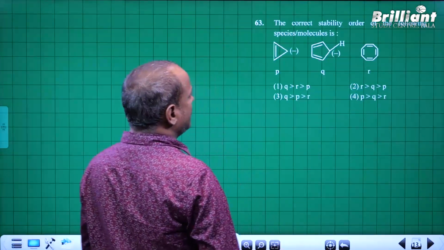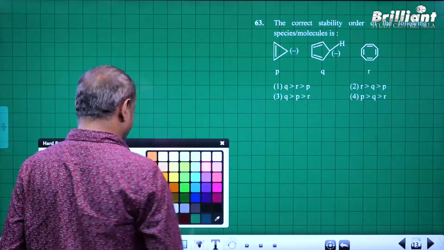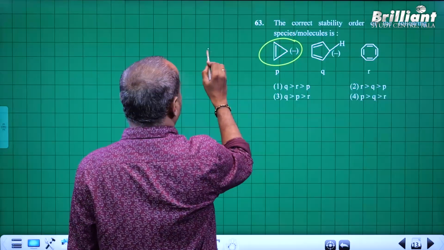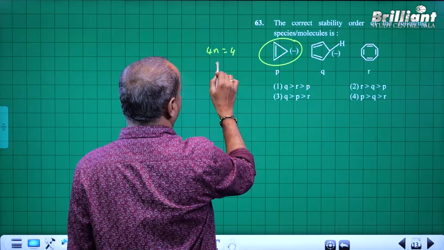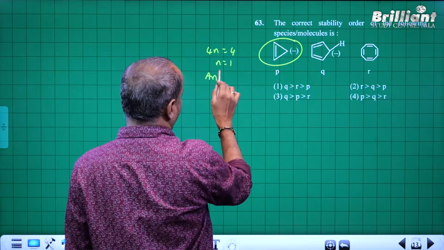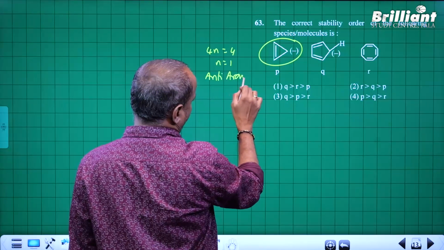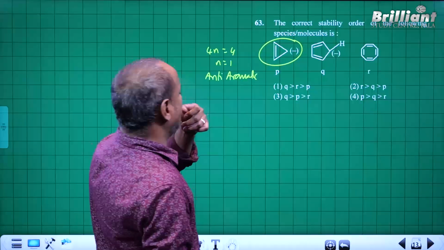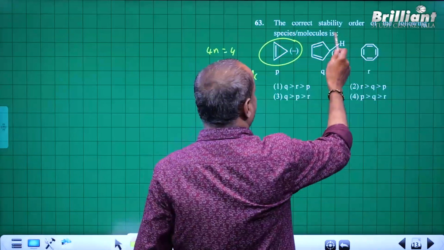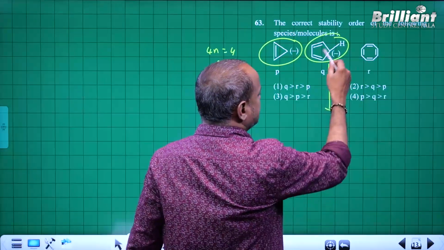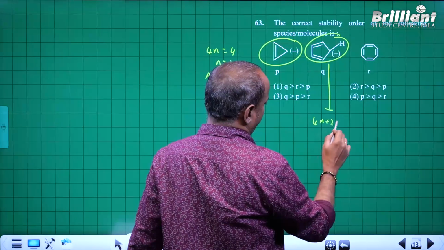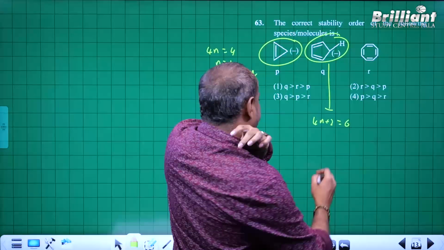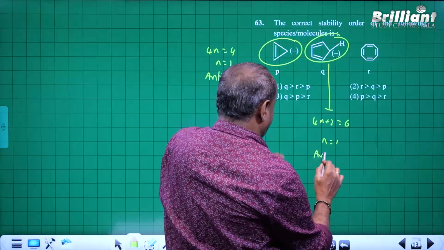Next, correct stability order of the following species. Just check the 4n plus 2 pi rule first. So, this anti-aromatic, minus means 2 electrons, 1 pi bond, total 4 electrons. This is 4n plus 2 rule, 6, because negative charge means 2 electrons, total 6, n is equal to 1, is called aromatic.